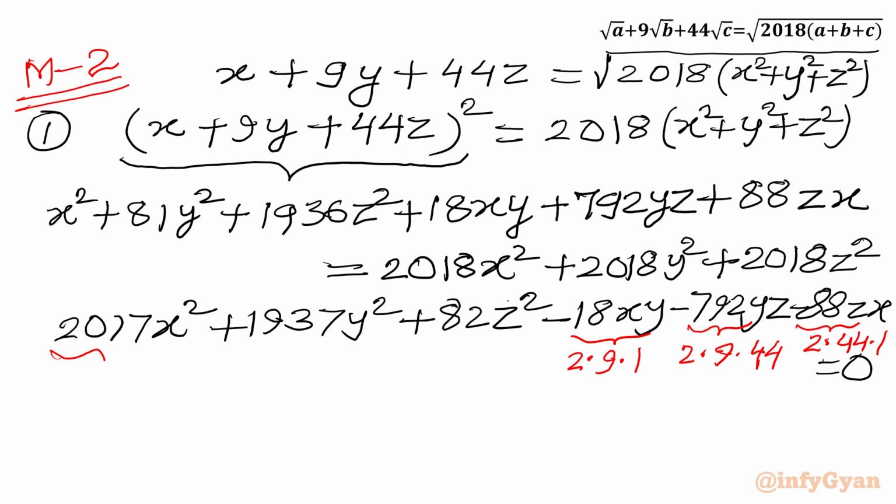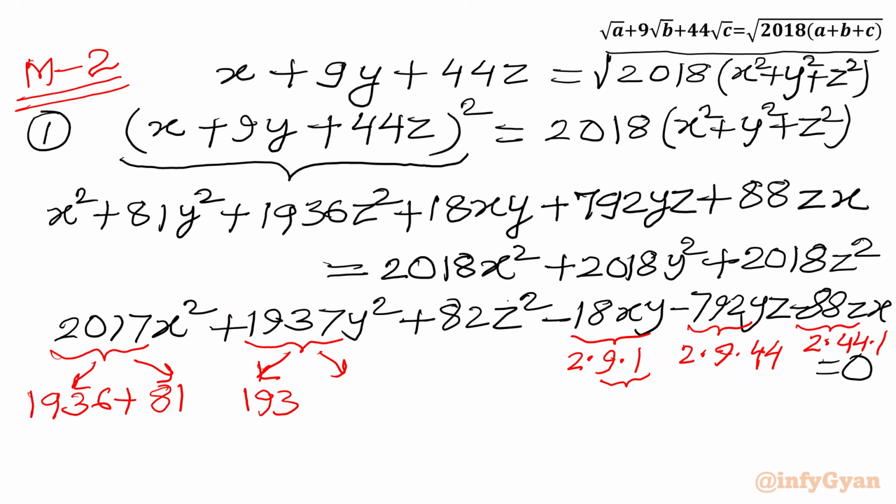Now we can split our 2017: here we have 9 times 1, so we will split in terms of 81. So we will write 1936 plus 81. Similarly, here we have 1937, which we will split as 1936 plus 1, because 9 times 44 is here, and 44 squared is 1936. Similarly, here we have 82, which we can write as 81 plus 1.